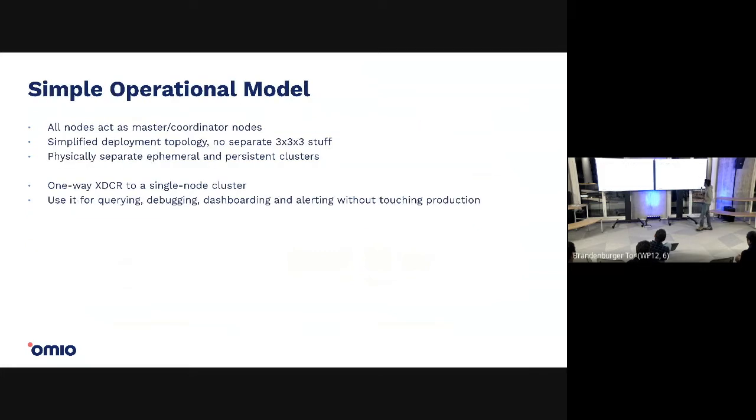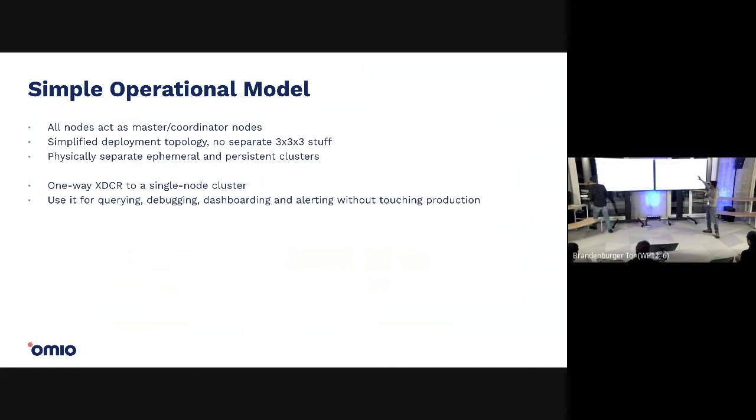Then a really simple operational model. All nodes are full stack nodes in Couchbase. Everything is both master and coordinator. So that makes for a very simple topology. You can run 3 nodes and you have full quorum. You don't need to run 3 times 3 times 3, which is usually the case in some other NoSQL databases.